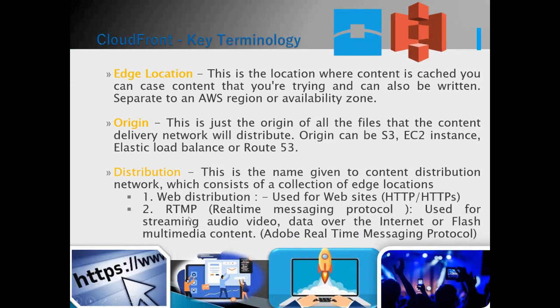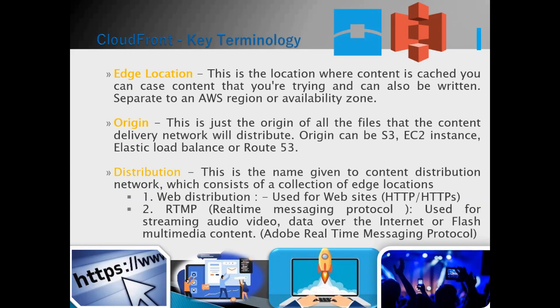What types of distribution are there? There are two types. The first is web distribution, basically the content on the web, HTTP and HTTPS. The second category is RTMP, Real Time Messaging Protocol. This protocol is used to stream your data.